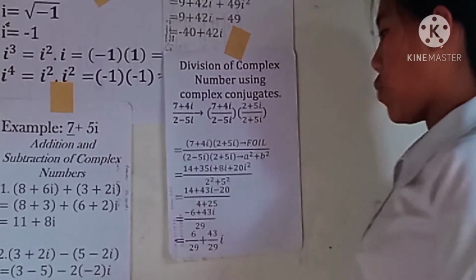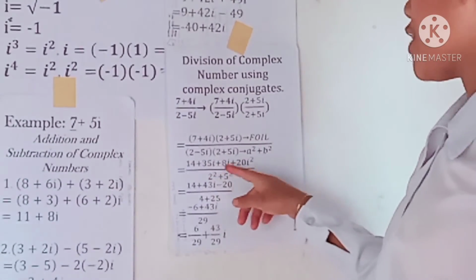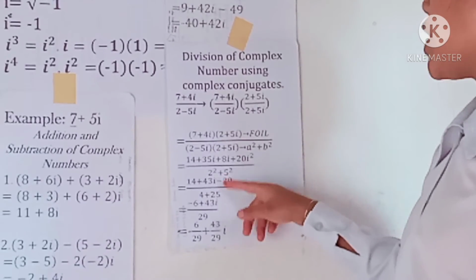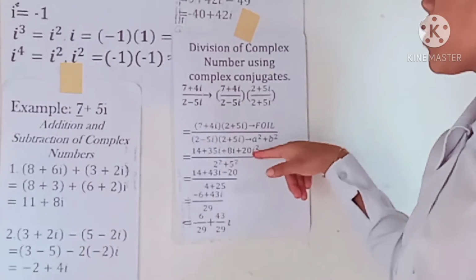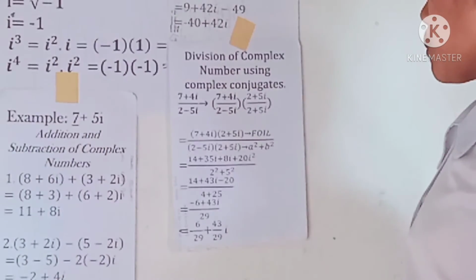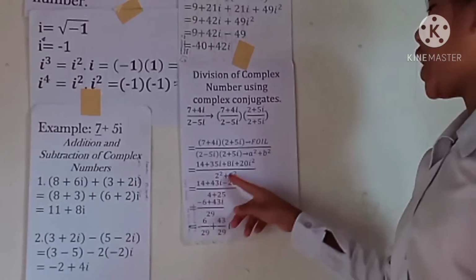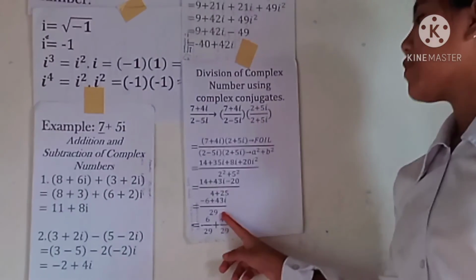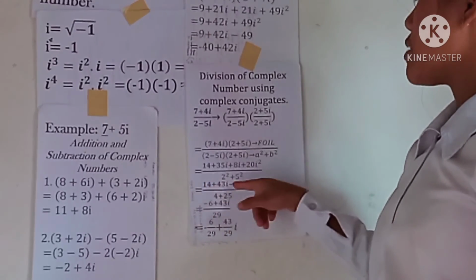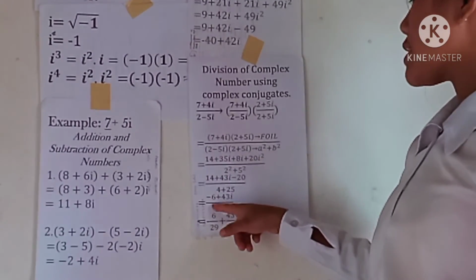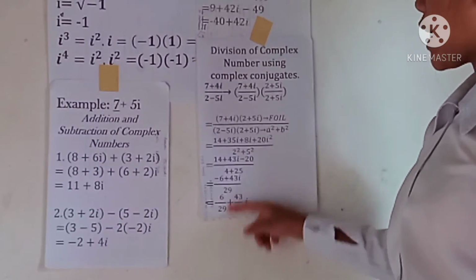Equals 14, add the like terms, 35i and 8i, 43i, minus 20 because of the i squared, which is equal to negative 1. Over 2 times 2 is 4 plus 5 times 5 is 25. Again, we will combine the like terms: 14 minus 20 equals negative 6, plus 43i, over 4 plus 25, which is positive 29.